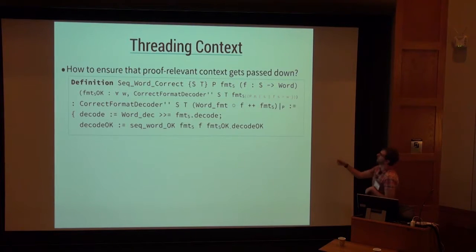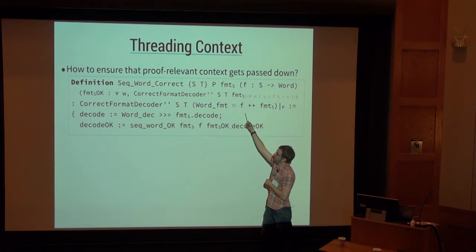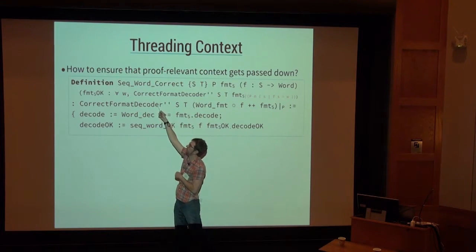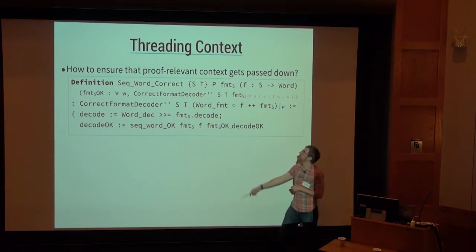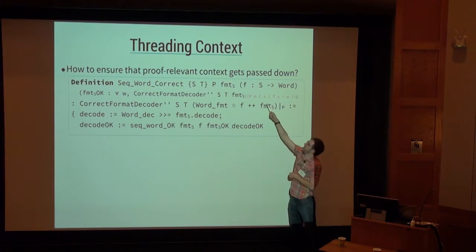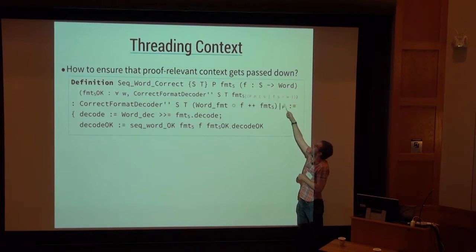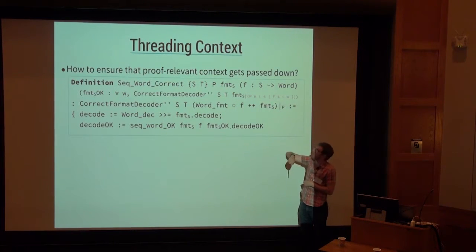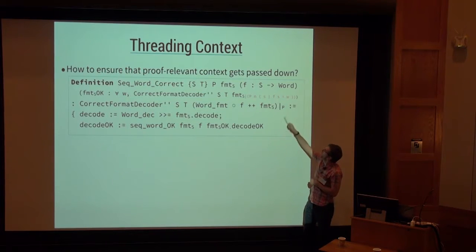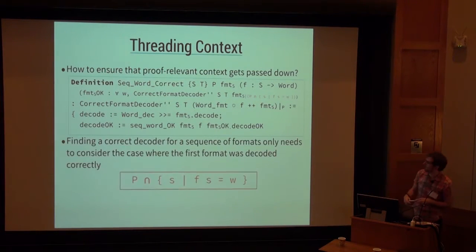So the key bit here is that when I search for a correct decoder for the rest of the format, I have a restriction on the source value. In particular, I have this restriction that this projection of this source value is equal to the word that I decoded previously. That's what this is right up here. And let me restate that here.